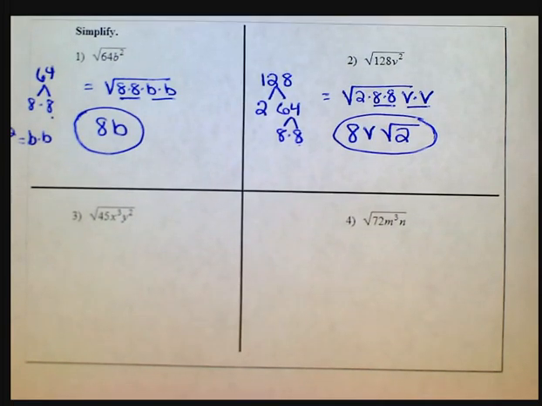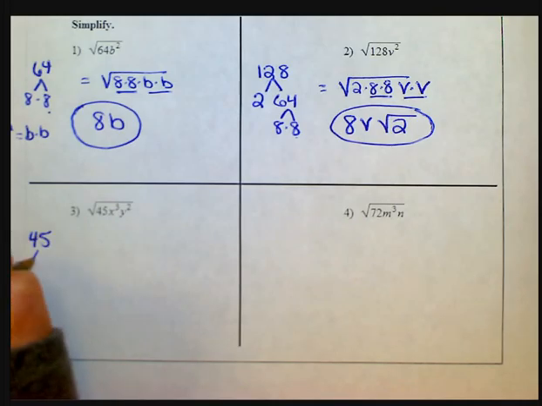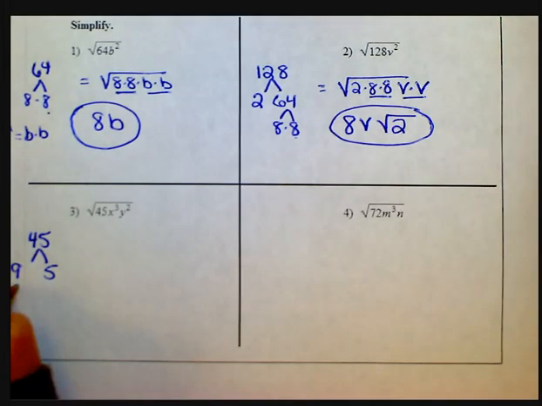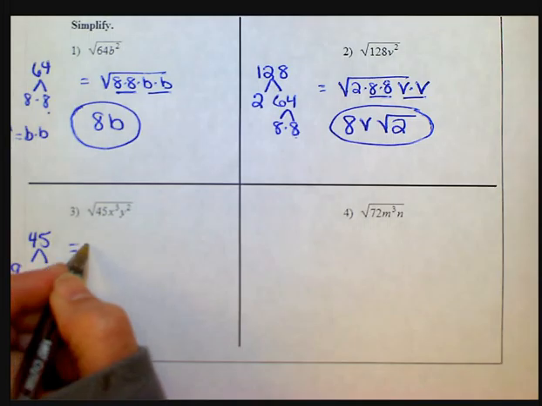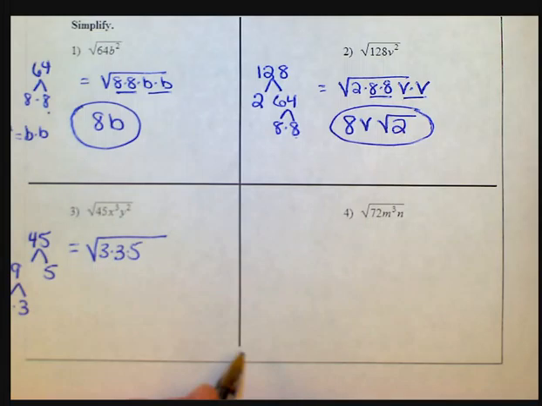All right, number 3 says that I have the square root of 45, x to the third, y squared. So 45, if I break it down, that's 9 times 5. And I recognize 9 is a perfect square, is 3 times 3. So I'm going to change this to the square root of 3 times 3 times 5 for 45.